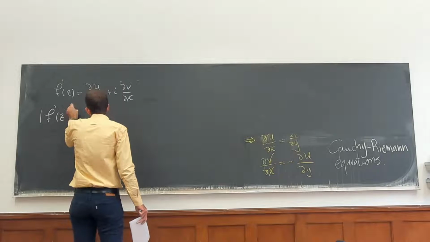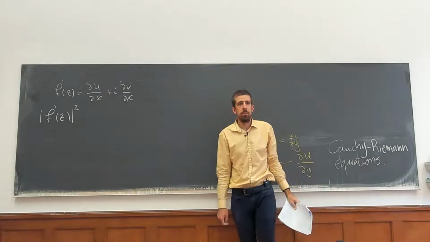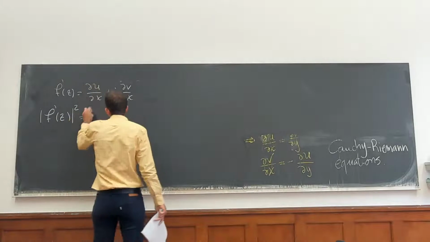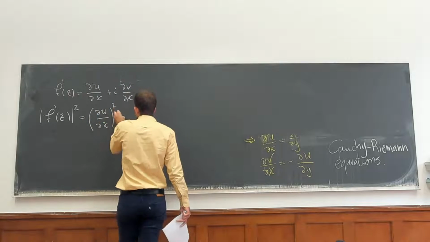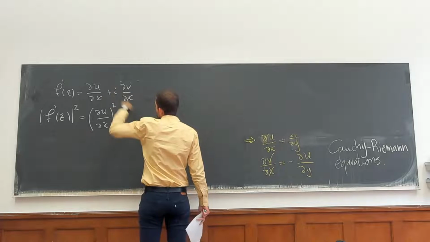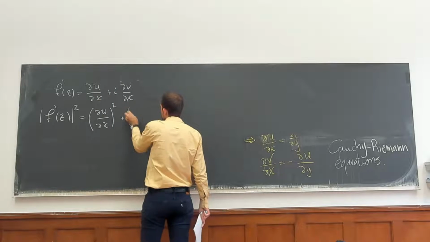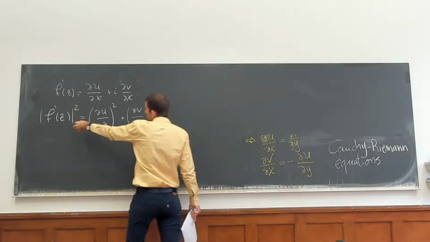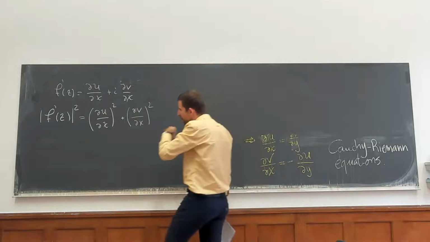Let's say that I look at what the derivative of the norm squared is. Okay, so let's just write that. This is a complex number, so its modulus squared is just the sum of the square of the real part and the square of the imaginary part. We know this function is not analytic, but we can still try to work out what it is.